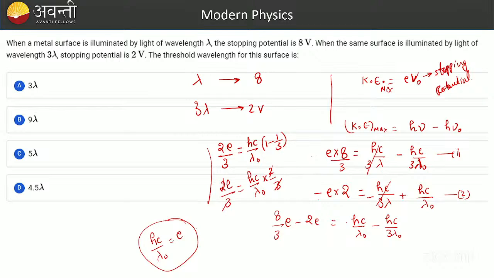Now, we know that the maximum kinetic energy is the difference of the incident energy minus the work function of the material. And lambda naught here is the threshold wavelength, so hc upon e equals lambda naught.